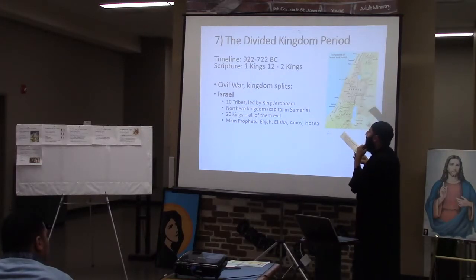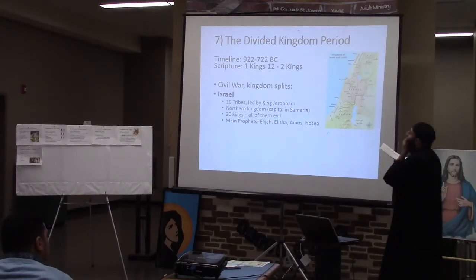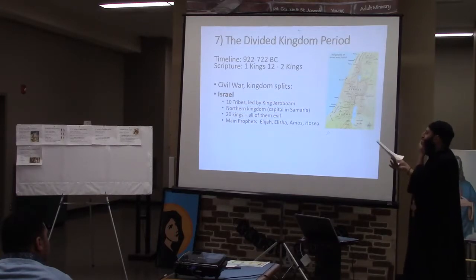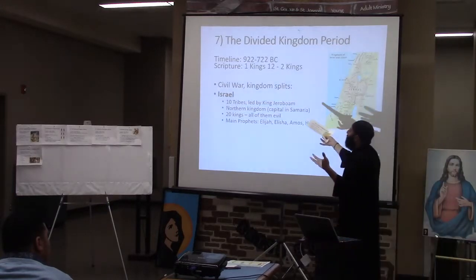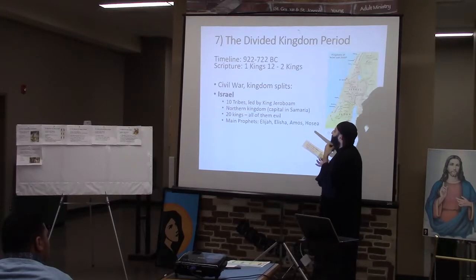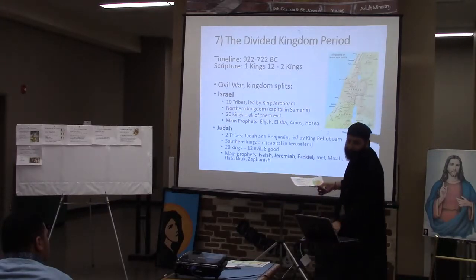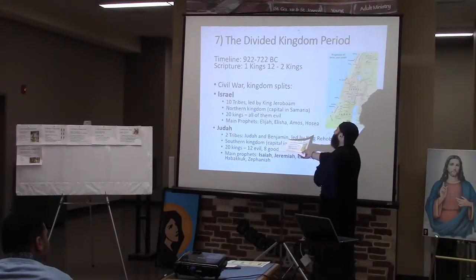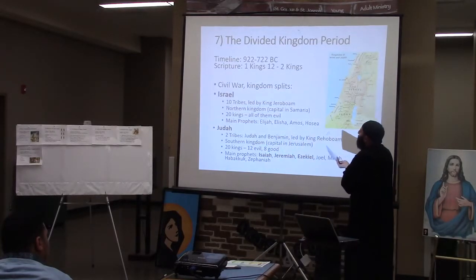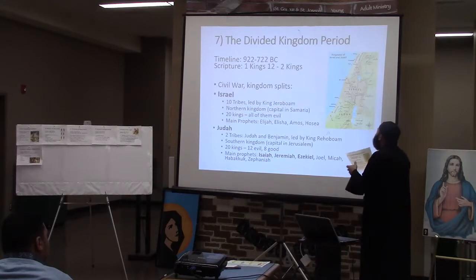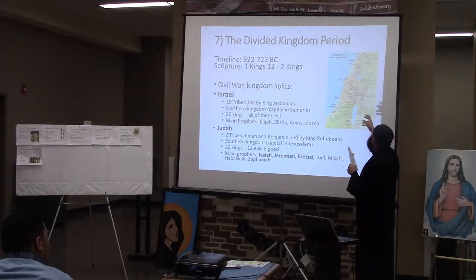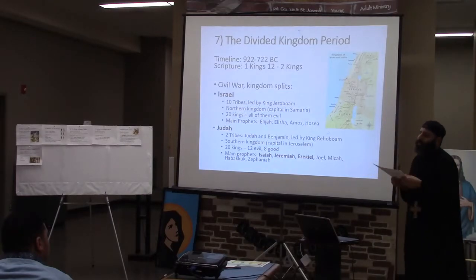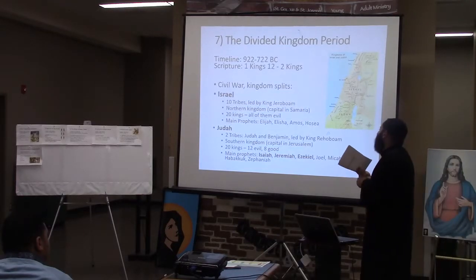He had a lot of power and was able to win the 10 tribes, and then Judah had 2 tribes, the tribe of Judah and the tribe of Benjamin. I guess it was called Judah because location-wise, the capital Jerusalem was in the area where the tribe of Judah lived.